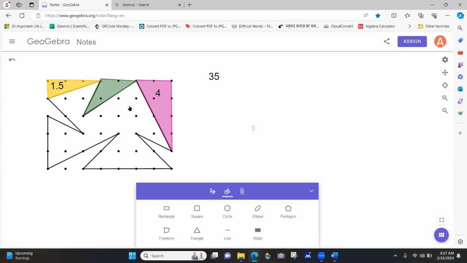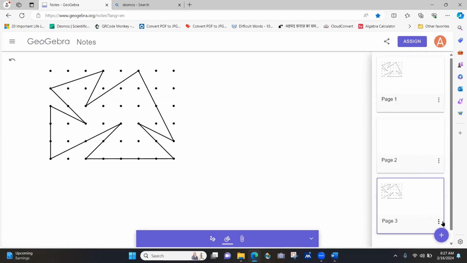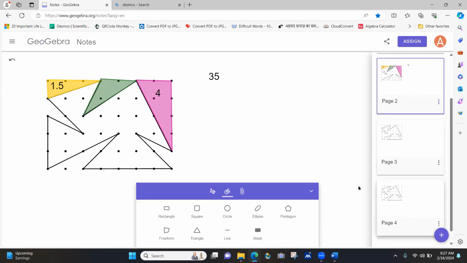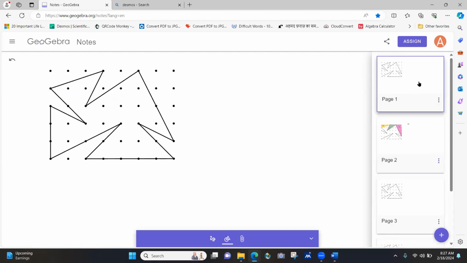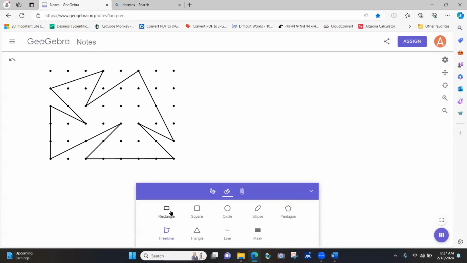I'm going to use a different page. Let's take a blank page. And I'm going to draw a rectangle around it.